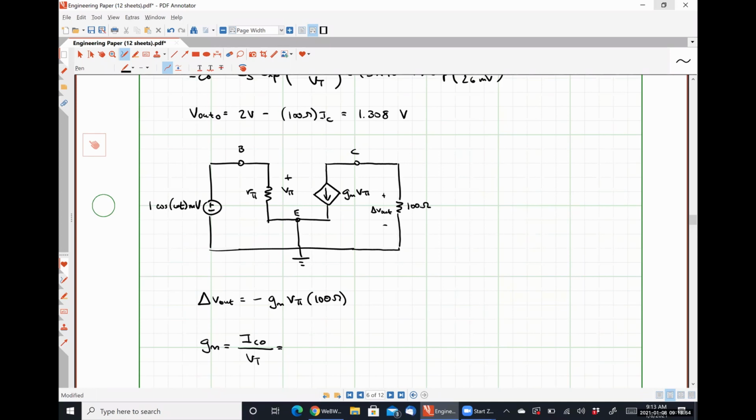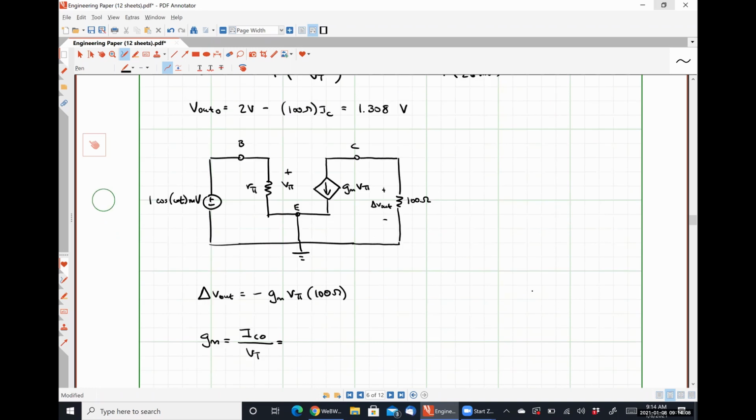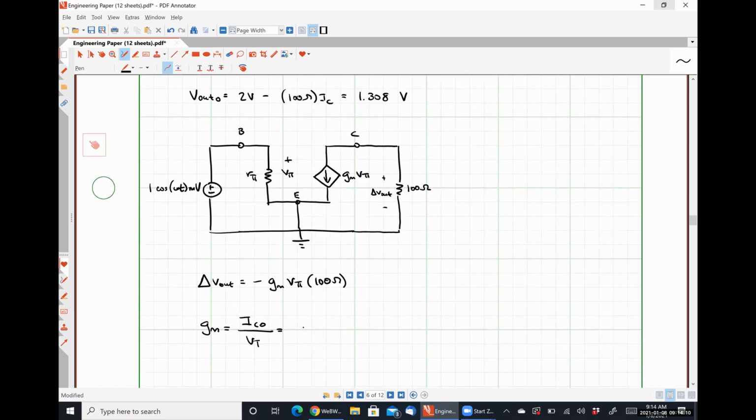So the transconductance of our circuit here depends entirely on the biasing conditions of the DC portion of the circuit, right? So in this case, that is 6.919 milliamps divided by the thermal voltage, if we're assuming T is equal to 300 K, this gives us 266.106 millisiemens, or milliamps per volt.